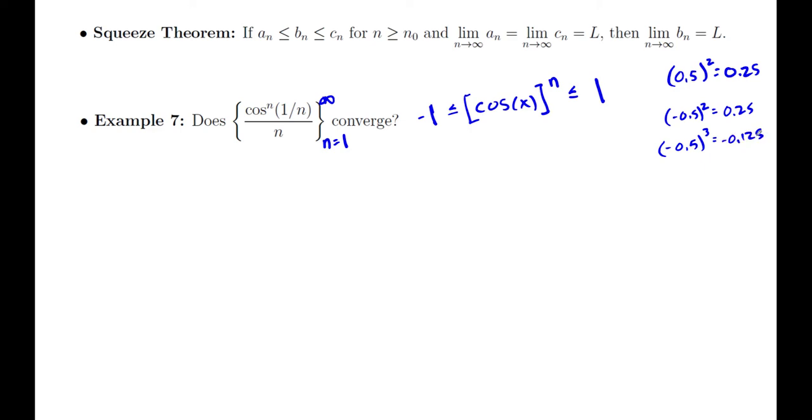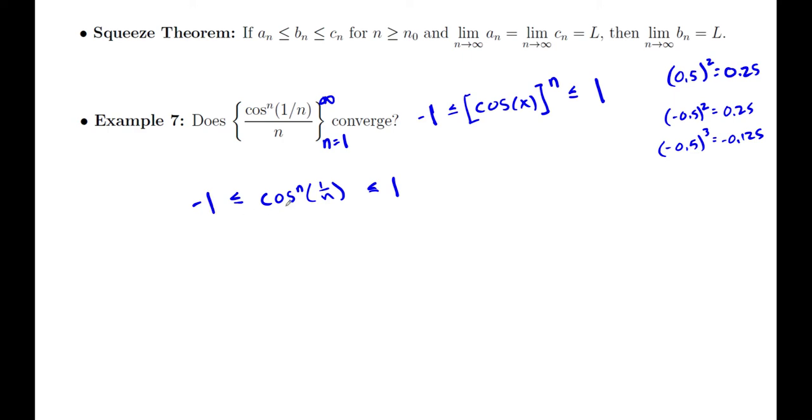So you're closer to 0 when you do that. So the cosine to the n can always be between -1 and 1. Now, there's something more complicated in here, but guess what? This analysis we just did was for any old x we want. So the same holds true for this. The cosine to the n of 1 over n always has to be between 1 and -1.